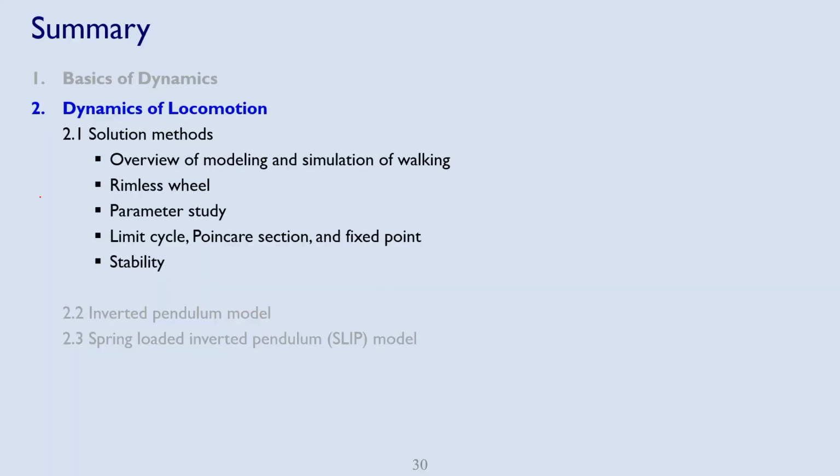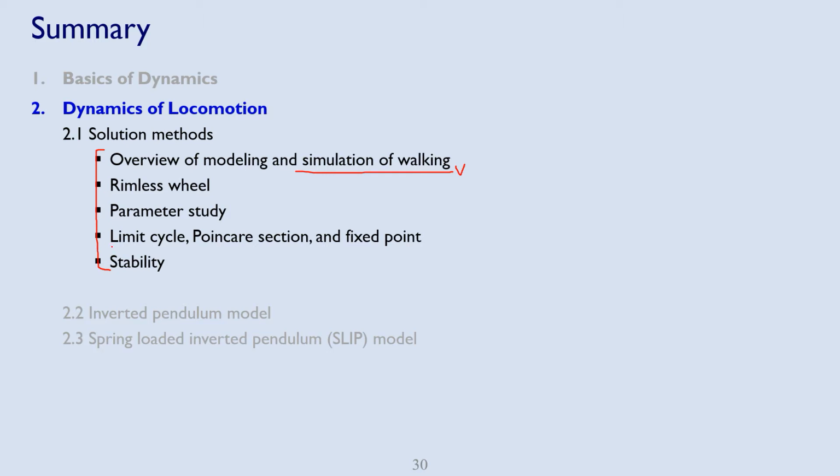So these are the topics I'd like to deliver in the solution method part. We learned how we can simulate walking. Walking has two solution steps, single support and double support, where double support is a collision solution, so you should solve it using the momentum impulse relationship.